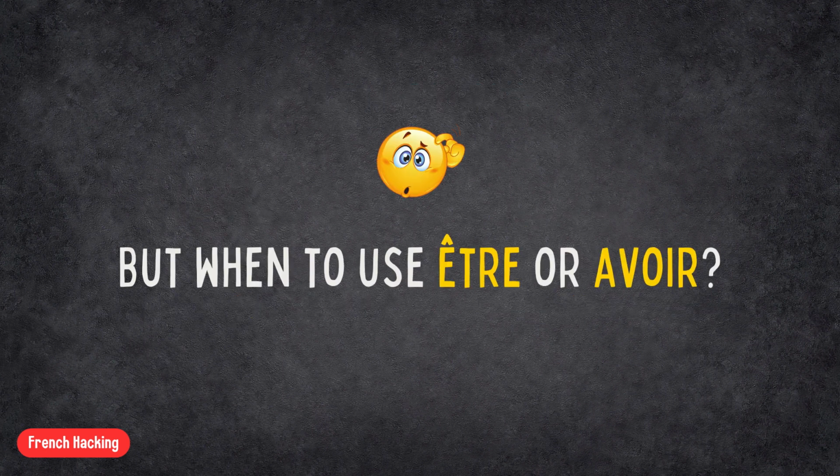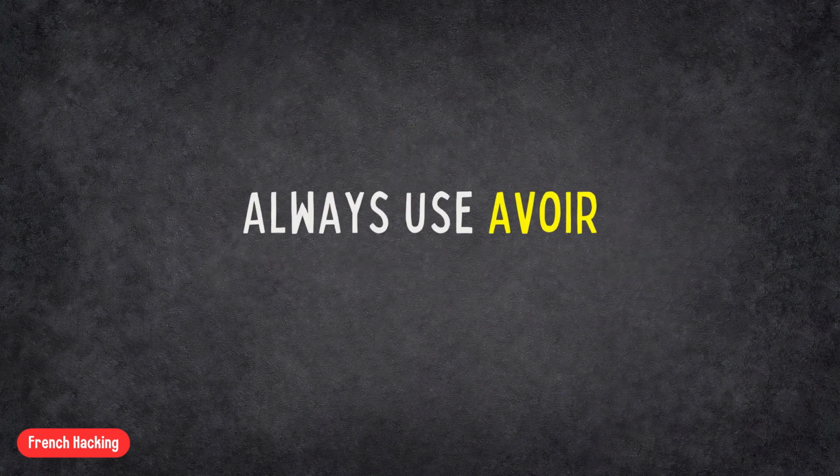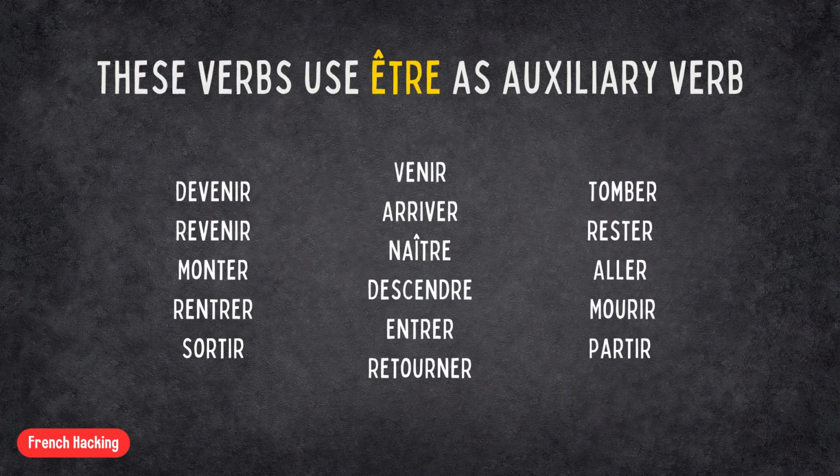But when exactly do we use avoir and when do we use être? The rule of thumb is to always use avoir unless the main verb is one of the following. A lot of these verbs refer to movement or a certain change of setting and use être as their auxiliary or helping verb.